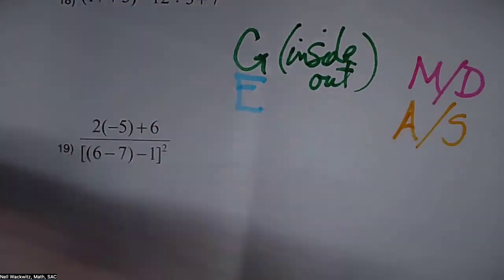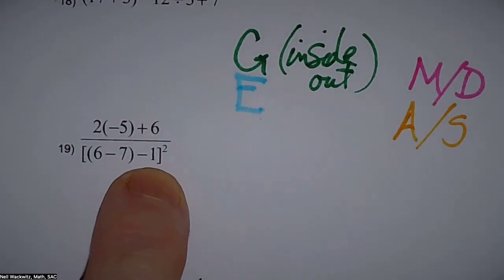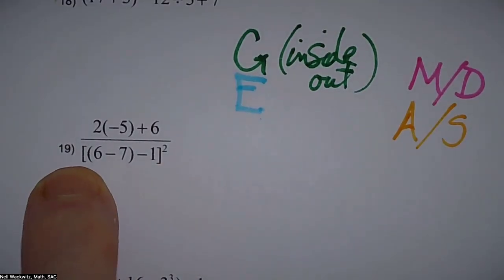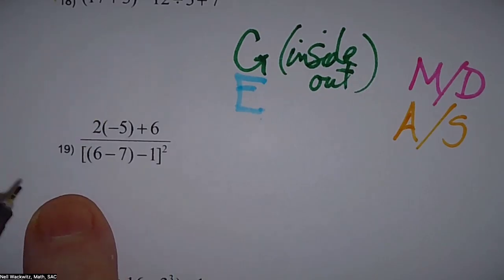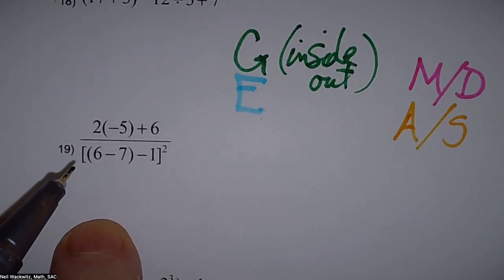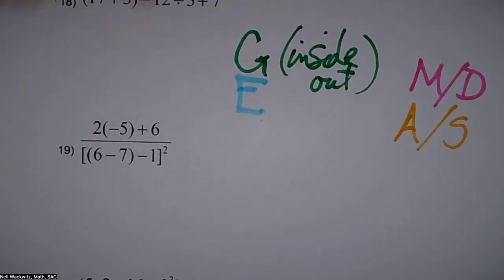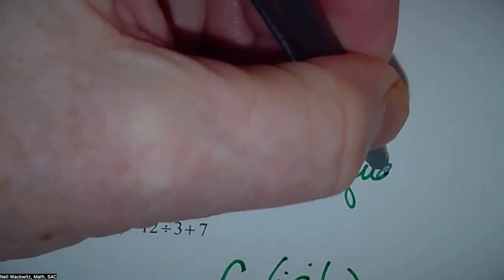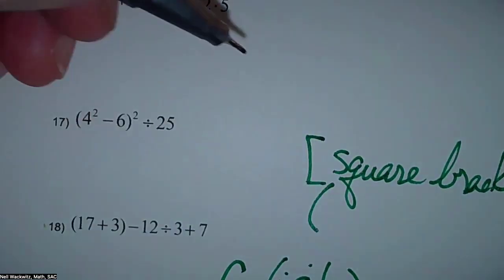Okay, so I want to look at the grouping, and this time we've got square brackets and parentheses. So I call this symbol a square bracket. This symbol a parentheses.